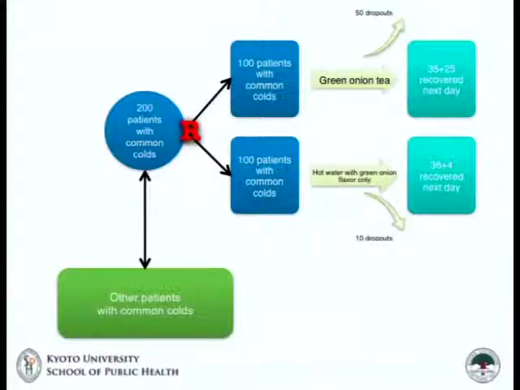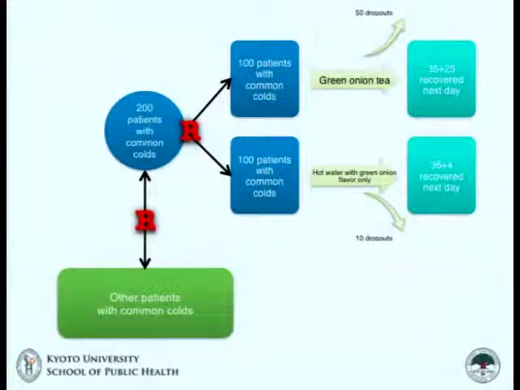Random allocation was vital to ensuring internal validity. To ensure external validity, the ideal is random sampling. In other words, we need God's two hands to have maximal internal and external validity.